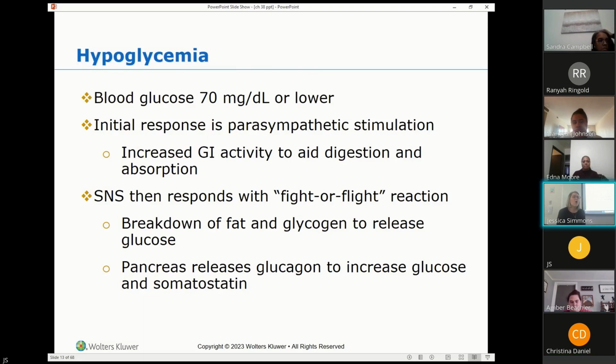So who did I tell you was more at risk for DKA? Type 1 or type 2? Type 1. What does type 1 not have? Insulin. They don't have enough insulin.